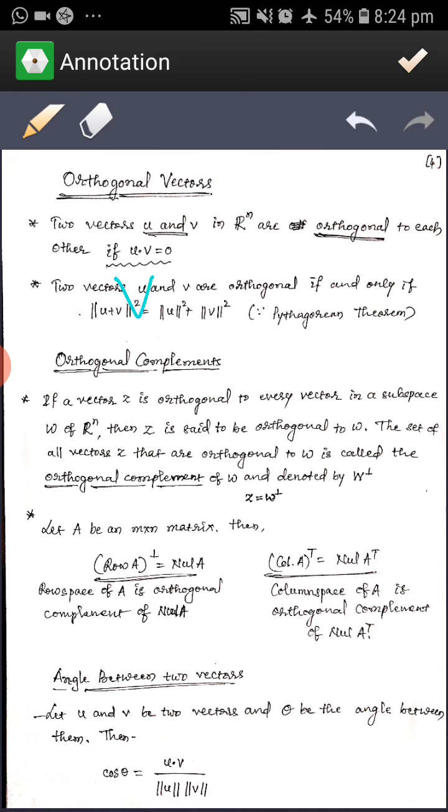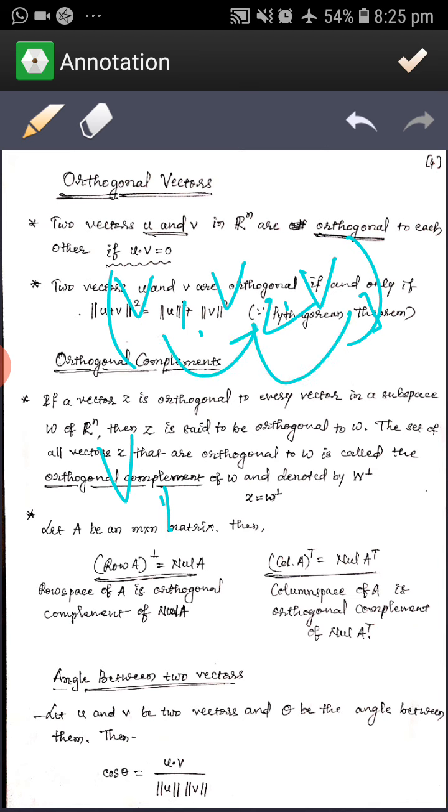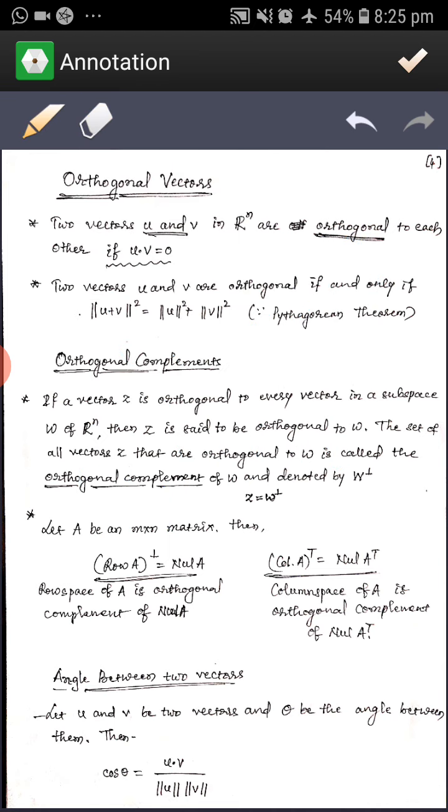Means if there are v1, v2, v3 in the subspace, and v1 is orthogonal to v2 and orthogonal to v3, then we say that v1 is orthogonal to W, that subspace. Similarly, let A be an m cross n matrix.